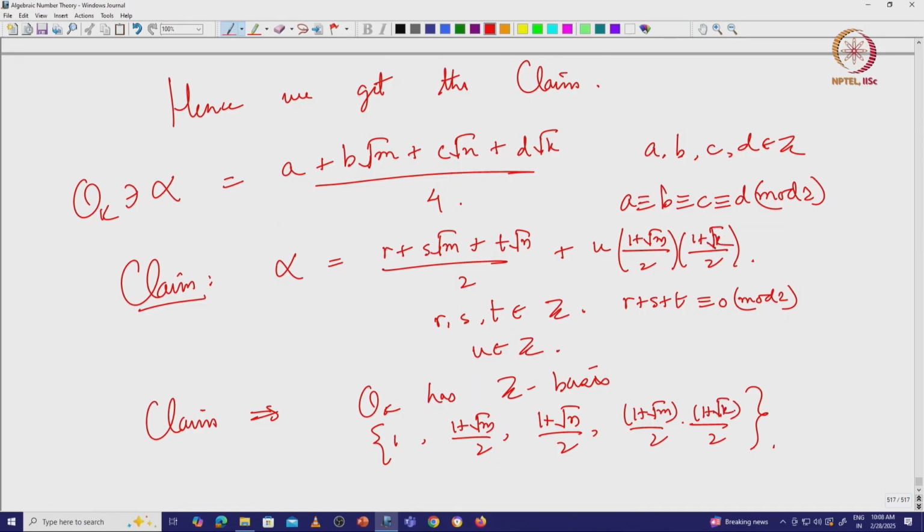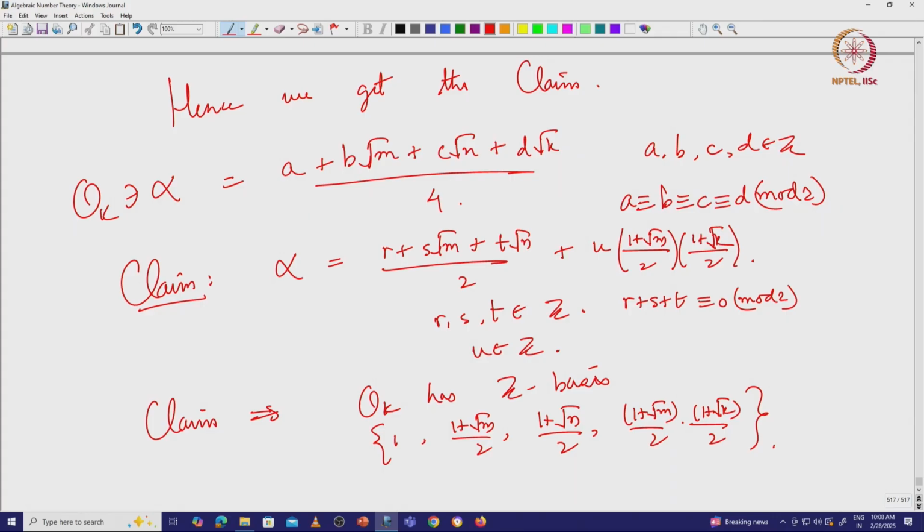So all of these are algebraic integers, and it is clear that this is contained in the ring of integers O_K, and I am saying that it is a basis.